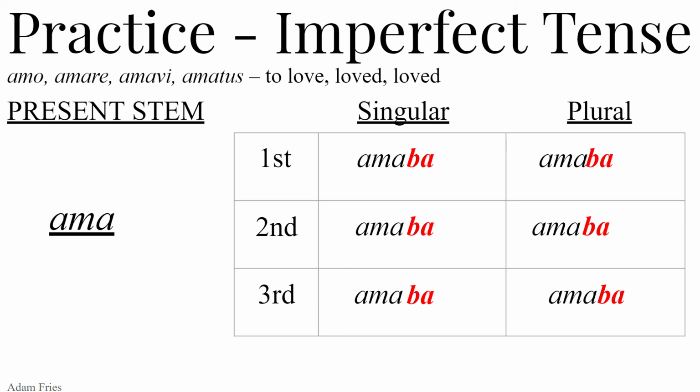We need ba, amaba. And then we need personal endings. Exchange the o that we normally have here with an m. Then we have s, t, mus, tis, nt. Amabam, amabas, amabat, amabamus, amabatis, amabant. I was loving. I used to love. You were loving. You used to love, etc.